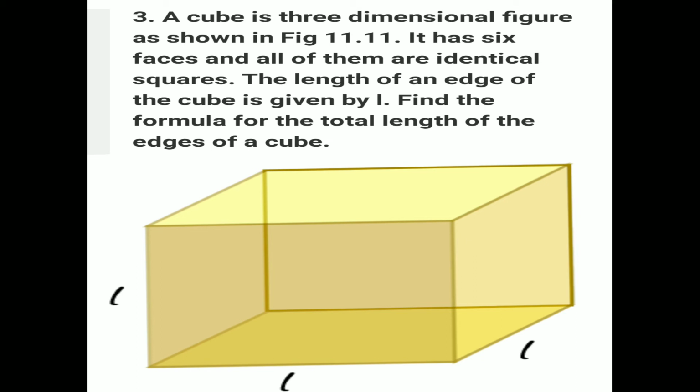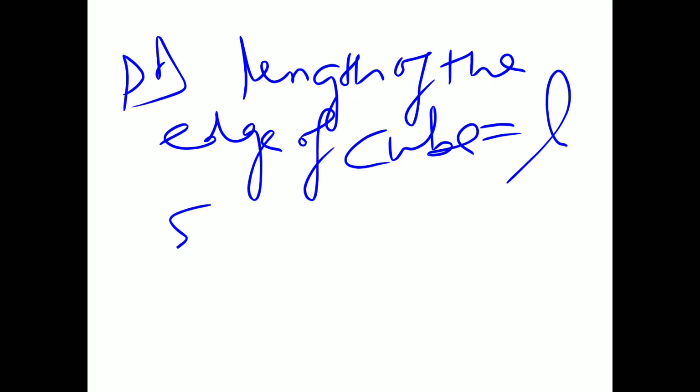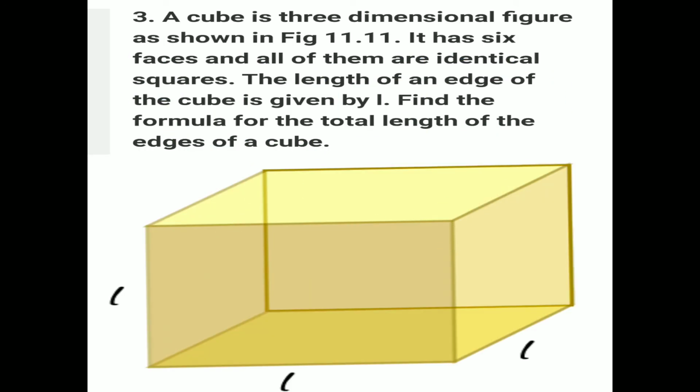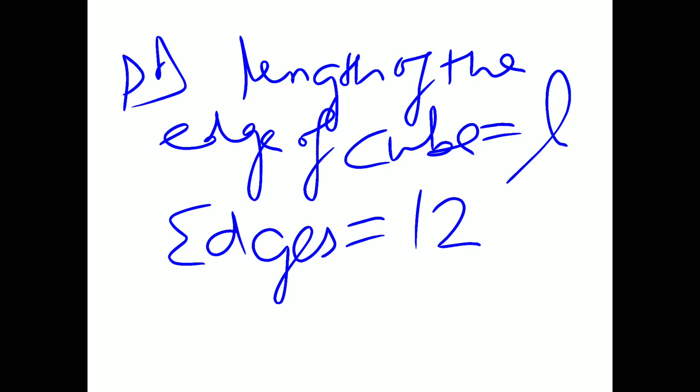You have to find the formula for the total length of the edges. How many edges are there? They say there are 6 faces, and the total edges in this are 12. Now the cube has 12 edges, so now you have to tell the total length of the edges.